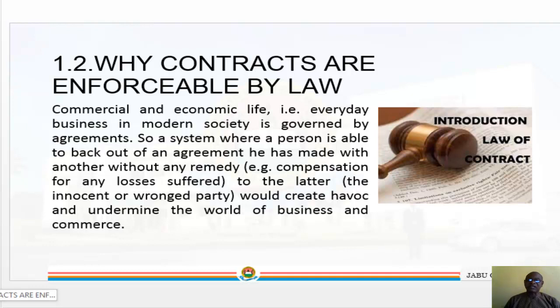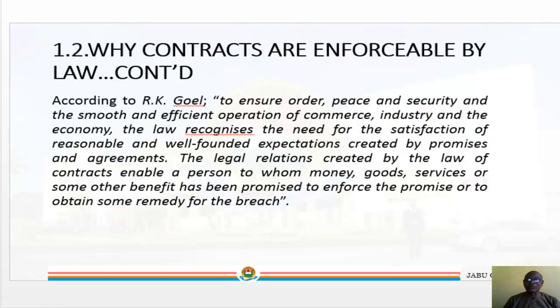Commercial and economic life, that is everyday business in modern society, is governed by agreement. And with this, I'm further talking about why contracts are enforceable by law.